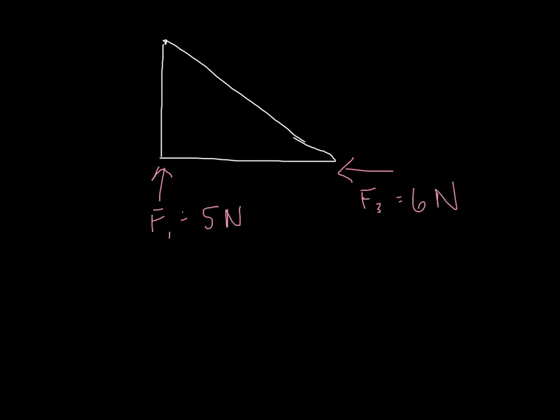And we have force 2, 4 newtons, and we have 2, 2, 3, and 5 as our lengths here. So this 2 is saying that from the bottom here is 2, and then the distance to the top is also 2.